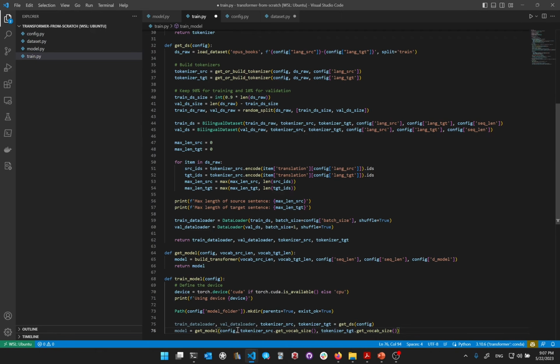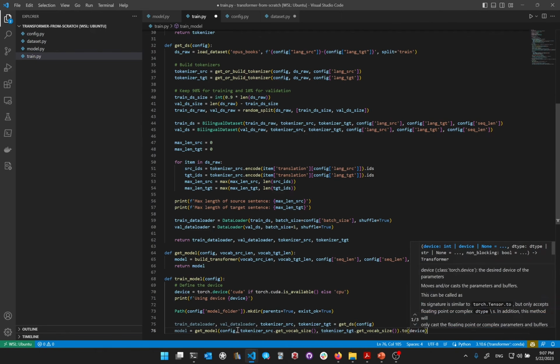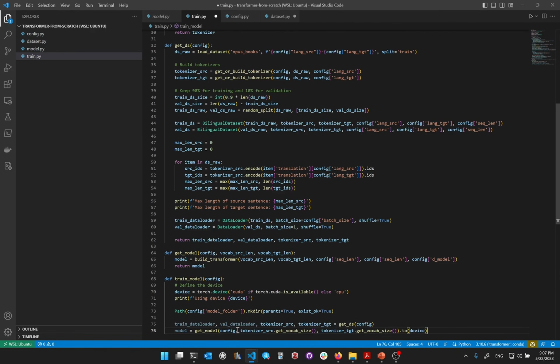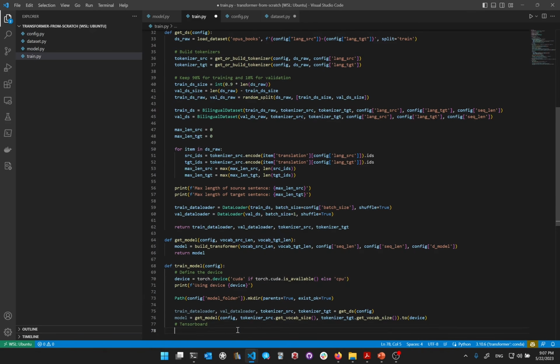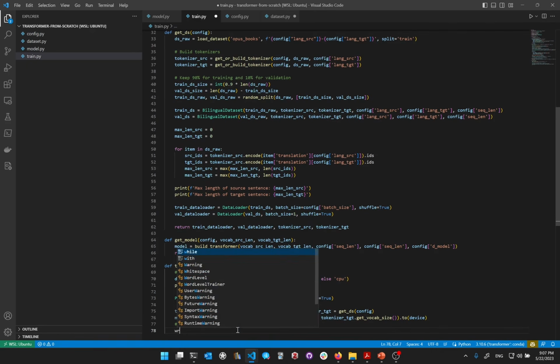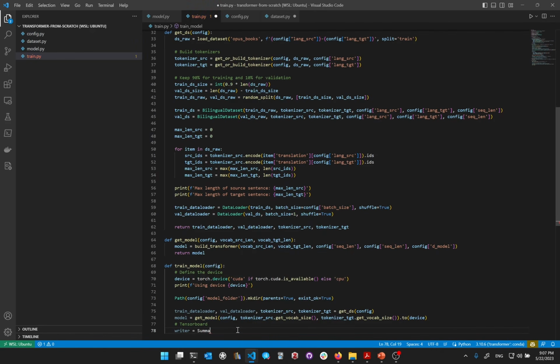And finally, we transfer the model to our device. We also start TensorBoard. TensorBoard allows us to visualize the loss, the graphics, the charts. Let's also import TensorBoard.